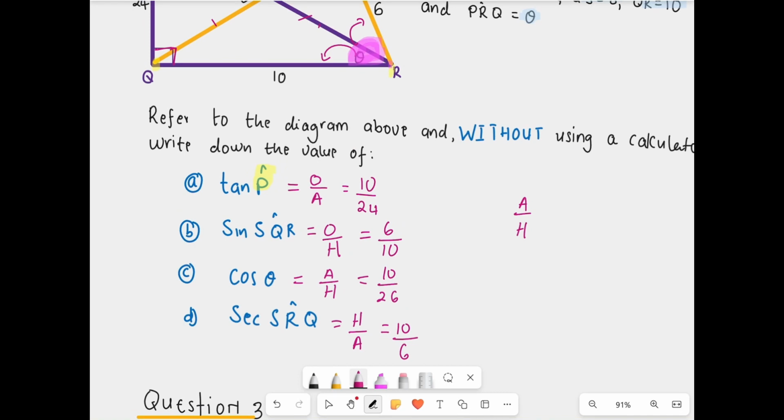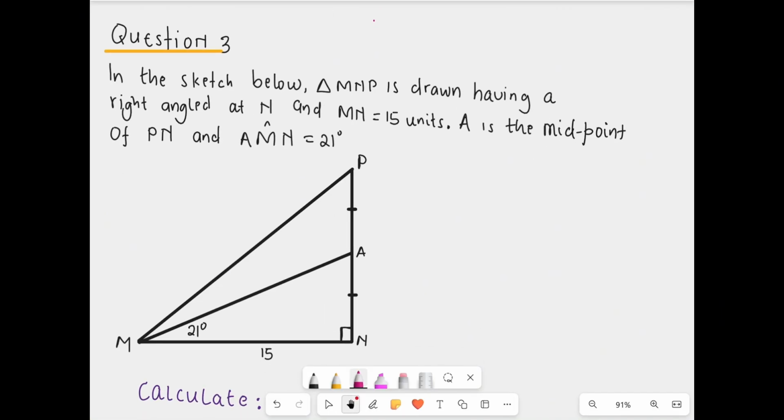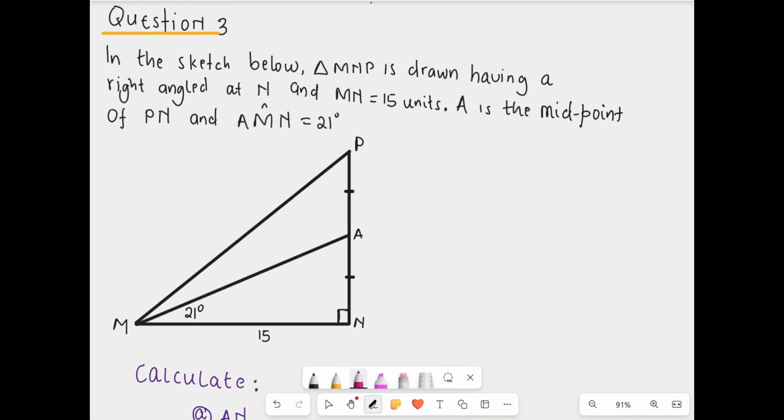Let's move to question 3. In the sketch below, triangle MNP is drawn, having a right angle at N. As we can see, the angle here is 90 degrees. MN is equal to 15 units.